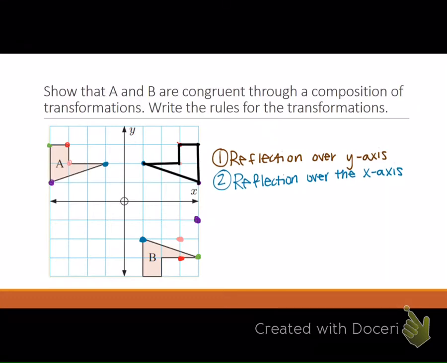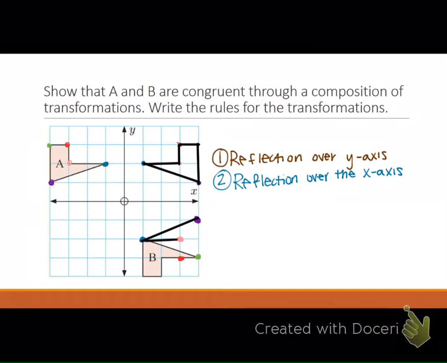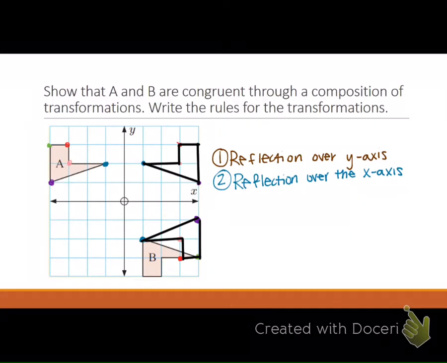Feel like I might have done something wrong. No, I did not. Okay. So that looks like that after the reflection.